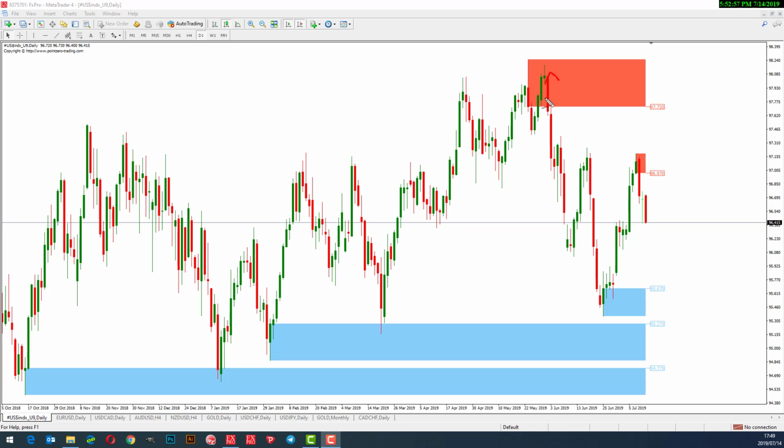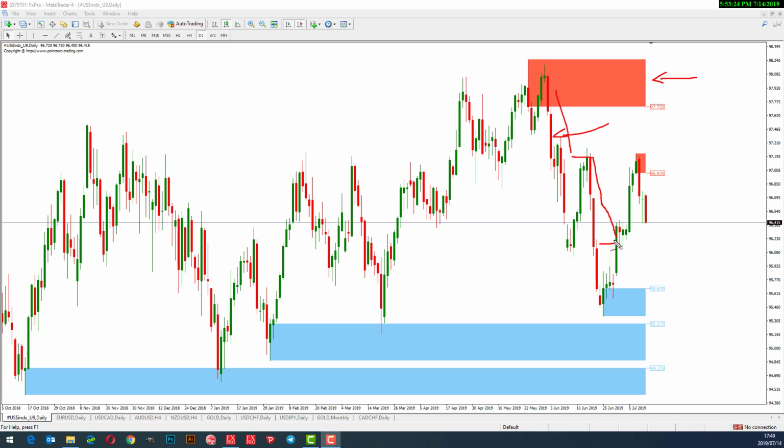We had a strong impulsive move here. Market retraced, another supply area created, then another strong impulsive move to the downside. So that in essence tells you that this supply area here is in control of this market.